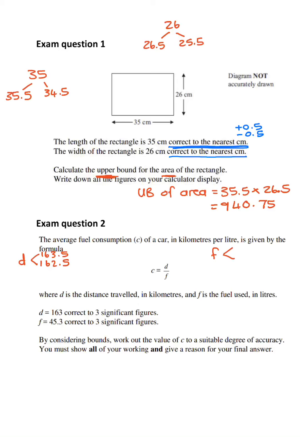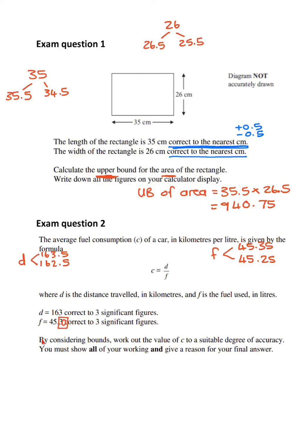And the upper bound for that, if I add 0.05 on, is 45.35, and the lower bound would be 45.25. Remember what I said before? Imagine that there was a 0 there and think of that as 30 and go 5 units up from 30 and 5 units down from 30. Okay, so there you'll already have yourself some method marks.